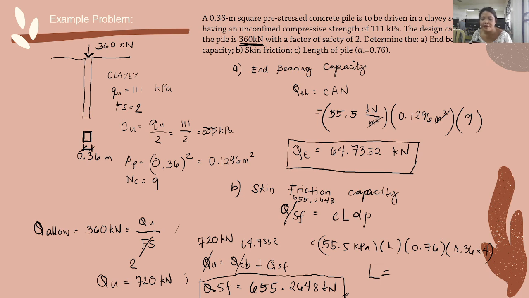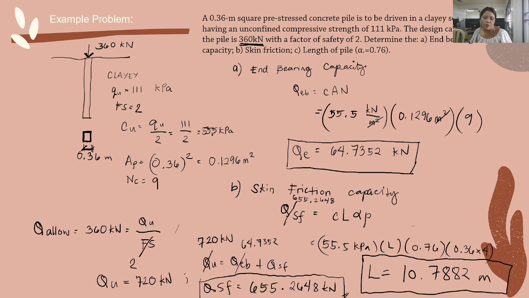So, dapat ang length mo is nasa around 10.788 meters. So, the total length of your bearing pile is 10.7882. That is around okay naman in design kasi pilote talaga, napakahaba niya, no? Wala. Kasi inaabot niya nga yung strata eh. So, mahaba talaga ang isang pilote.